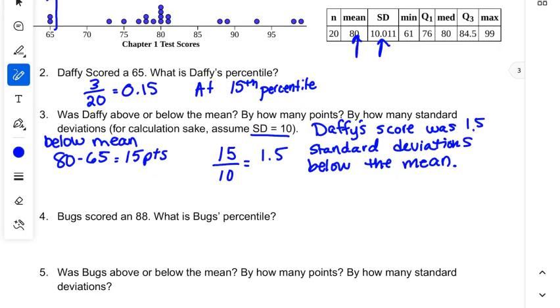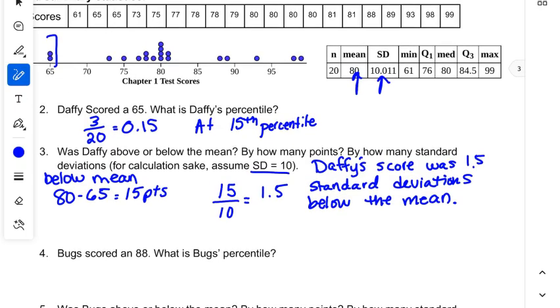Okay, Bugs's score was 88. What is Bugs's percentile? We need to find out how many are 88 or below. I guess we could look at the actual data, because it's in order.